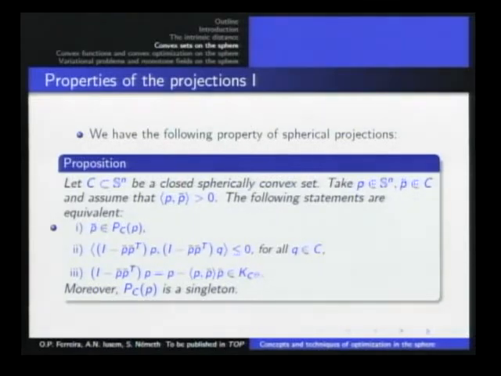In this case, it is equivalent to say that P̄ is a projection of P over C, this inequality there, where I is the identity and P̄ transpose is just the matrix, or to say that the vector P minus P̄ belongs to the cone spanned by the polar set. And when we have the fact that the two points make an acute angle, the projection is a singleton.